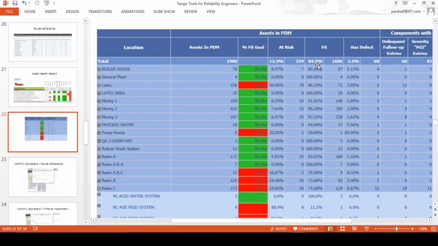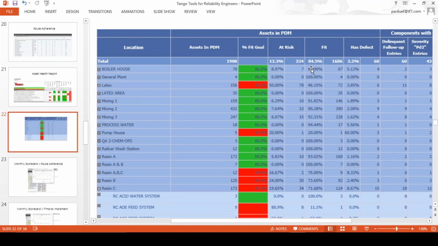So 84% of the assets are normal. 3.2% of the assets in the whole database have defects, and 12.3% are at risk. At risk means that you've tried to measure them, and you had to assess them as not measured, for down or skipped or not available for whatever reason.